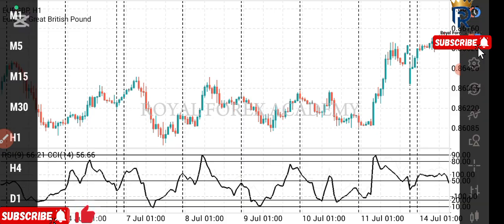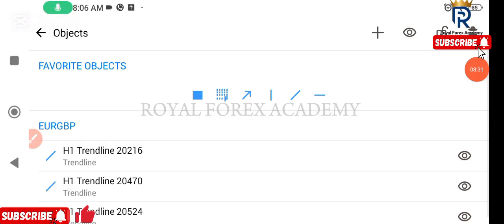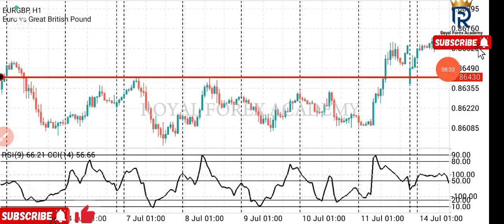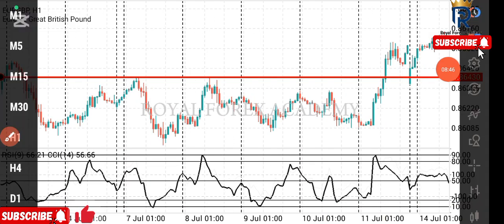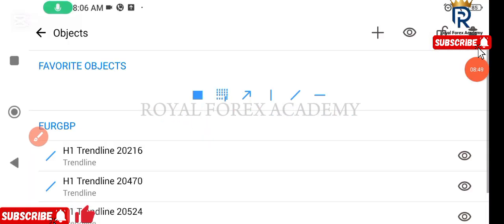In a ranging market, for instance, let's look at this. I believe this is a ranging market scenario because we have price retest here somehow, and then we have this retest. So in this particular order, what do we do? If you are trading support and resistance, this is a different scenario as well.